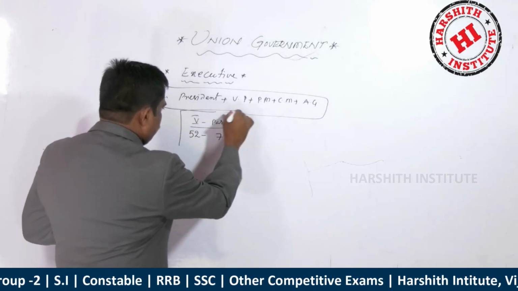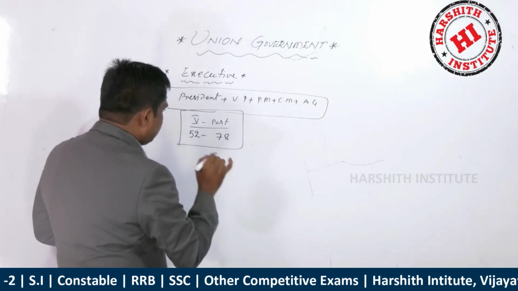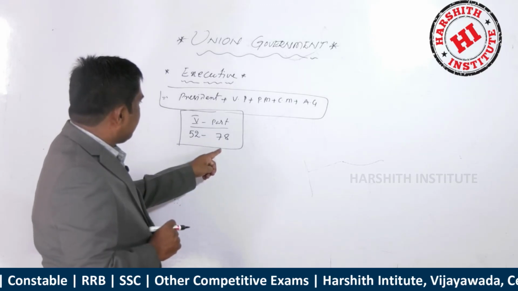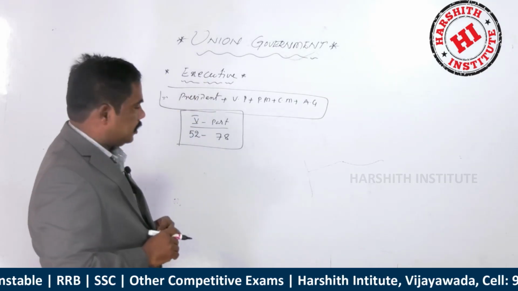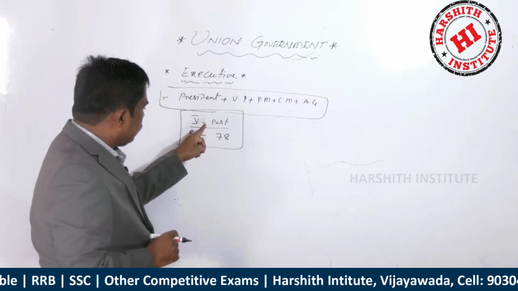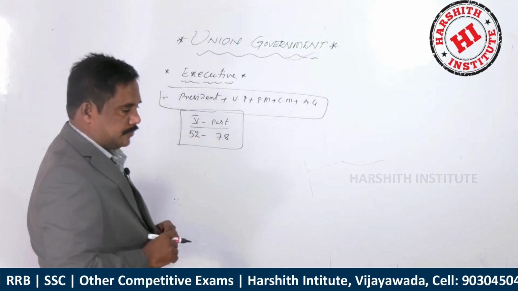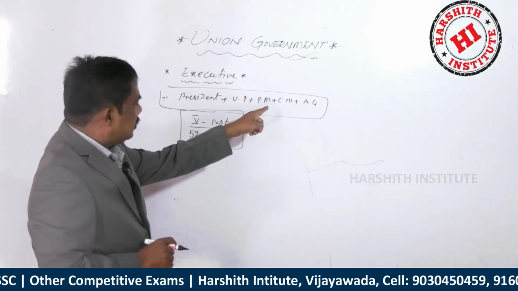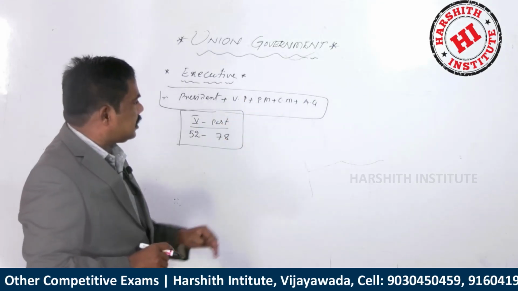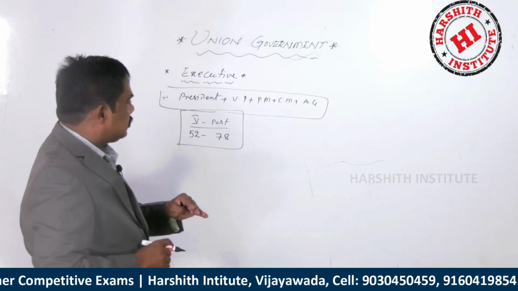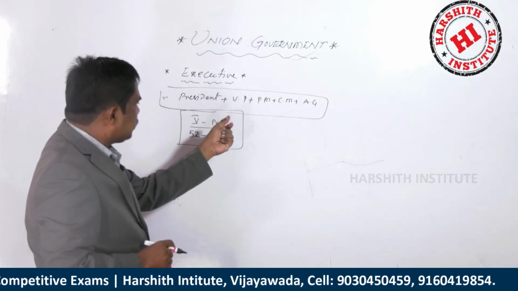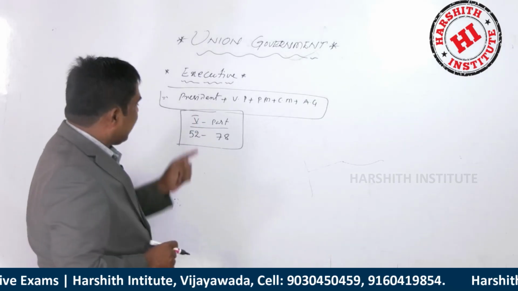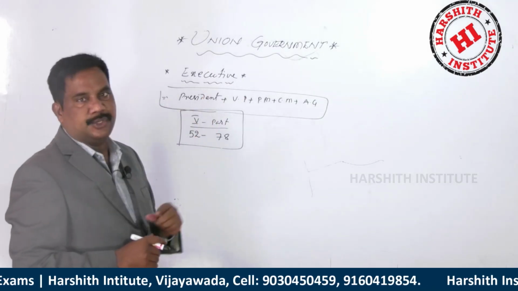In the fifth part, articles 52 to 78 explain about the union executive: president, vice president, prime minister, council of ministers and attorney general.